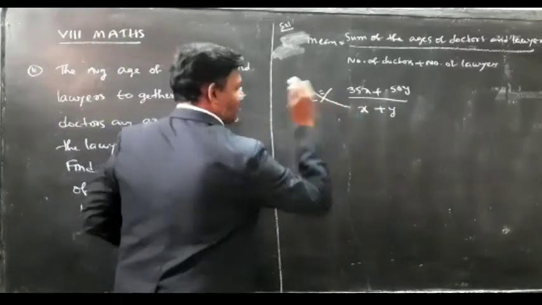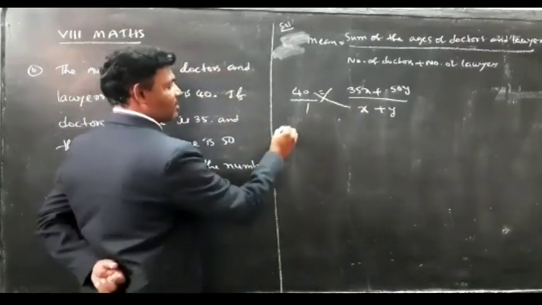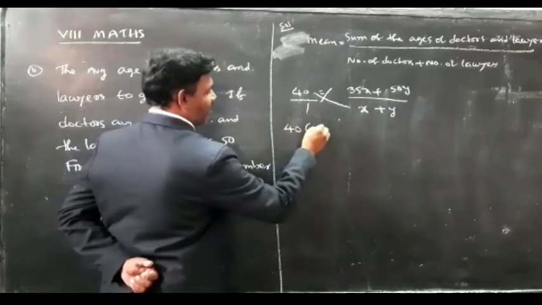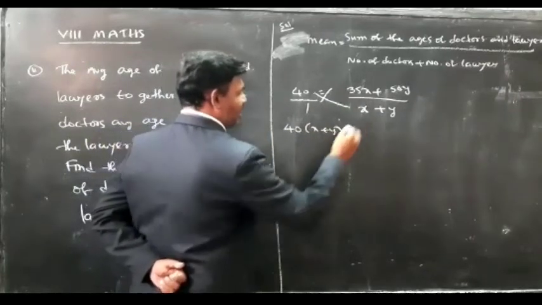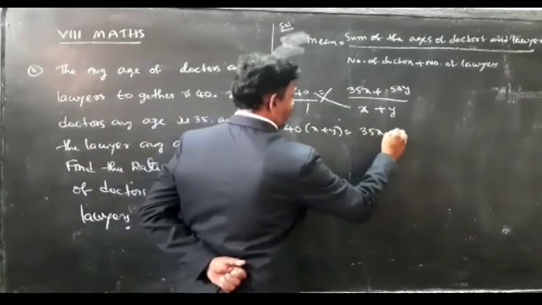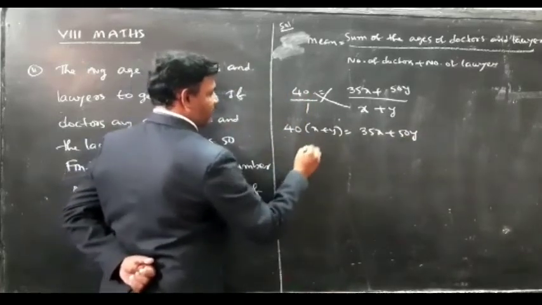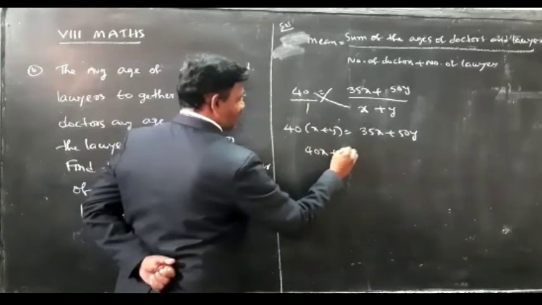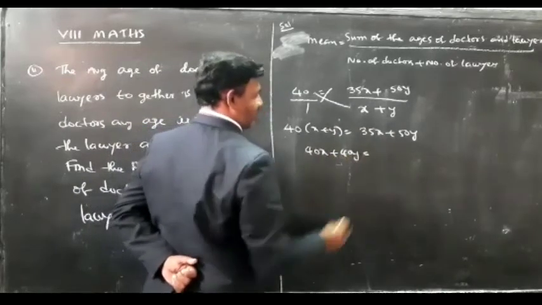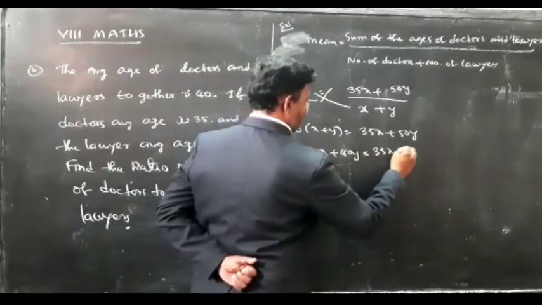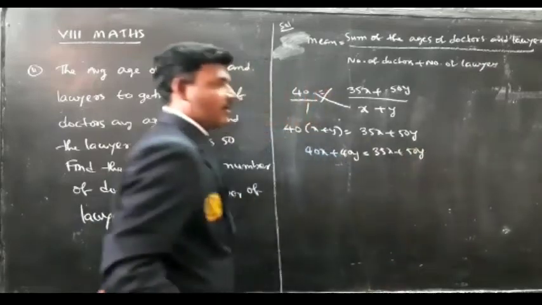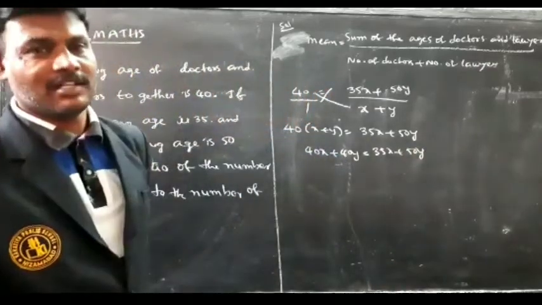Now I am doing cross multiplication. So by cross multiplication, what do you get? 40 of x plus y is equal to 35x plus 50y. Now multiply this. Remove the bracket: 40 into x is 40x, plus 40 into y is 40y, is equal to 35x plus 50y. Now I am transposing like terms to one side.